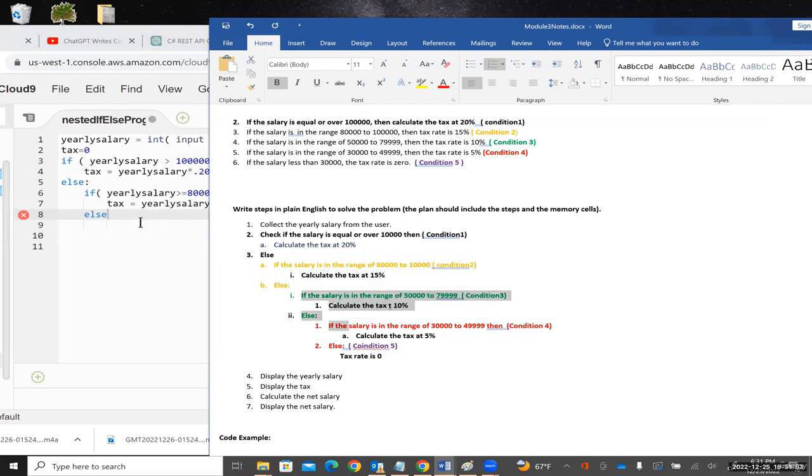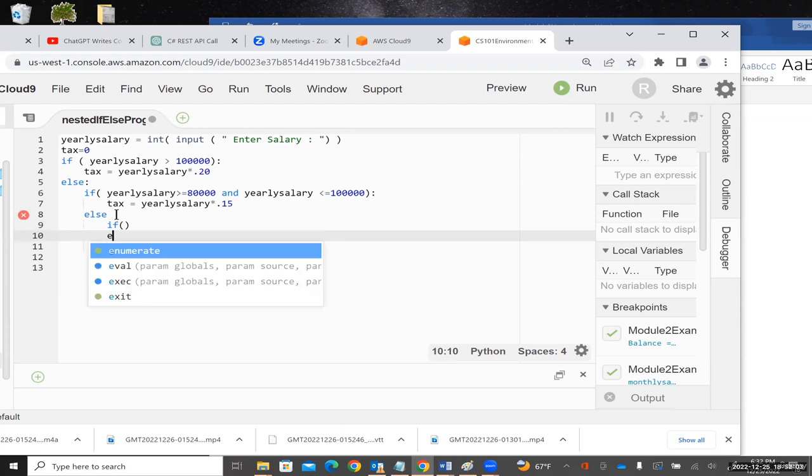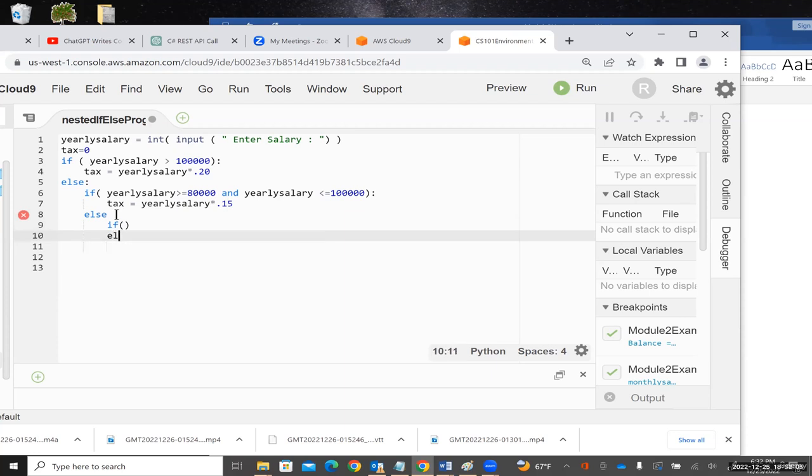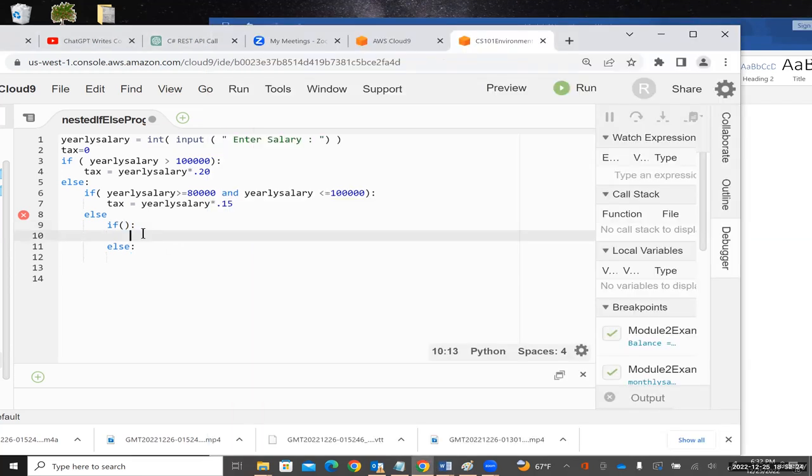So you have an if-else, and another if-else over here. Come over here, another if condition and else condition, like this. So this is an if-else condition that represents this layer in green here. Now I'm going to write a condition. The salary range is 50 to 79,999.